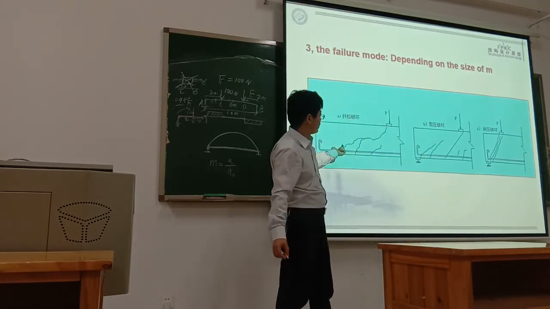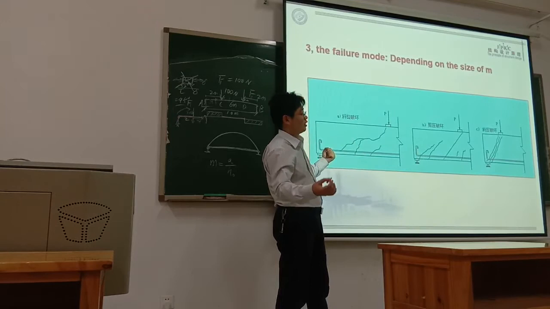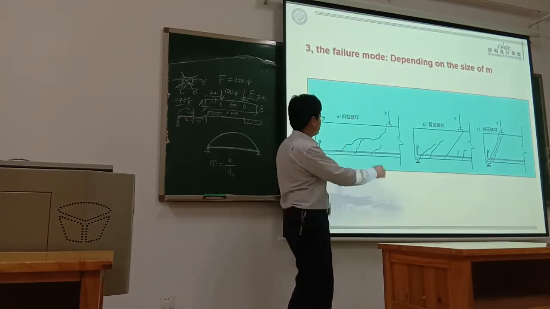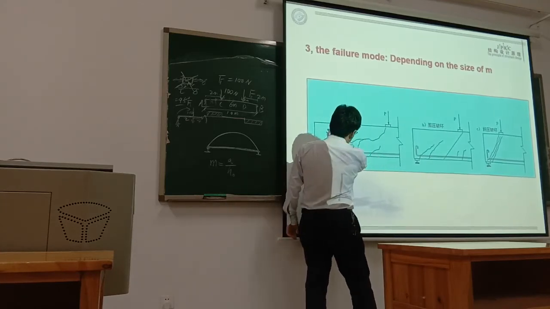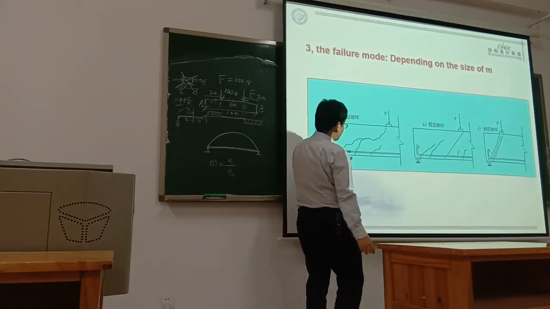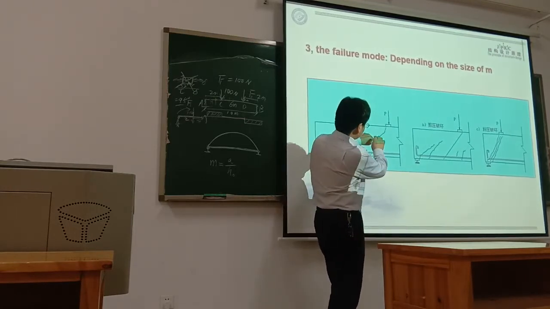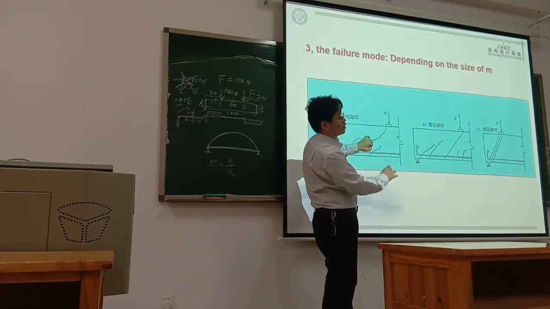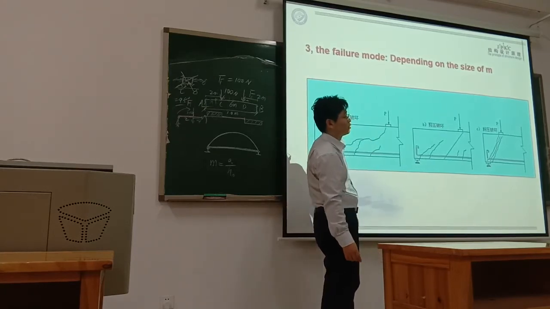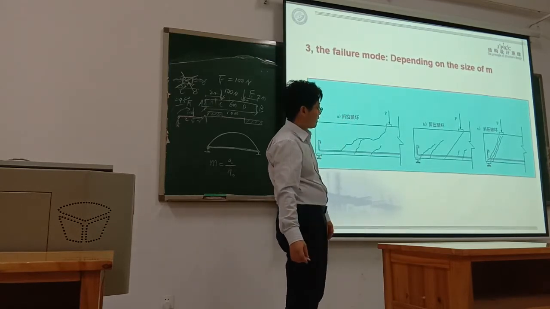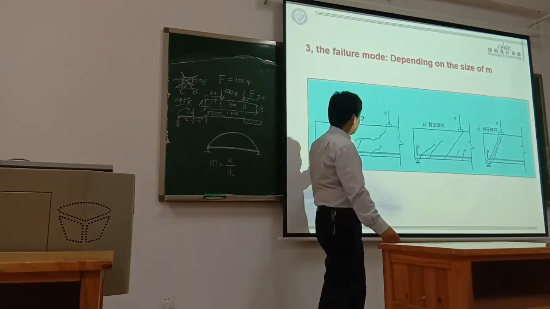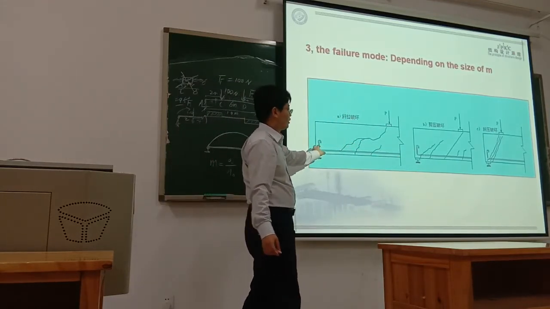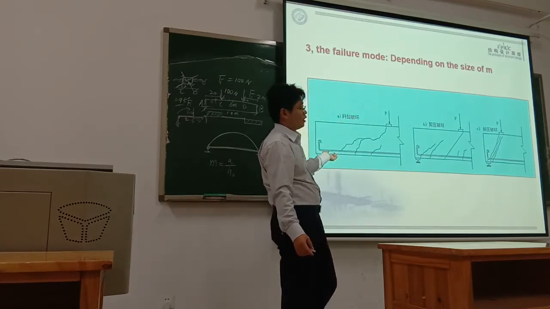But this one is mainly induced by the tensile force, because we know the principal tensile stress is in this direction. So the crack is generated because the tensile stress exceeds the tensile strength of the concrete. Different action points induce different failure modes, but all three belong to brittle failure modes.